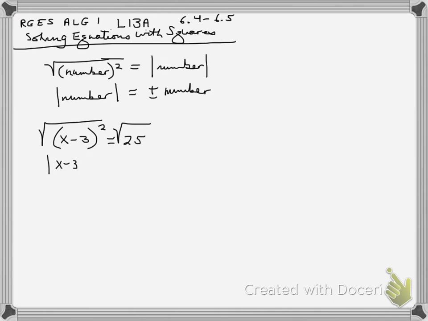And the square root of 25 is always the positive, so that would be 5. But we know that taking the square root of a number is the same as saying plus or minus.